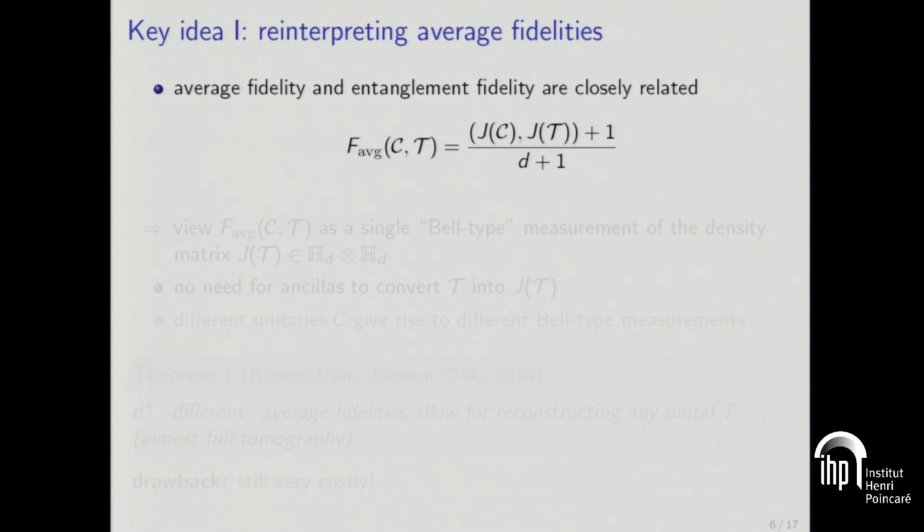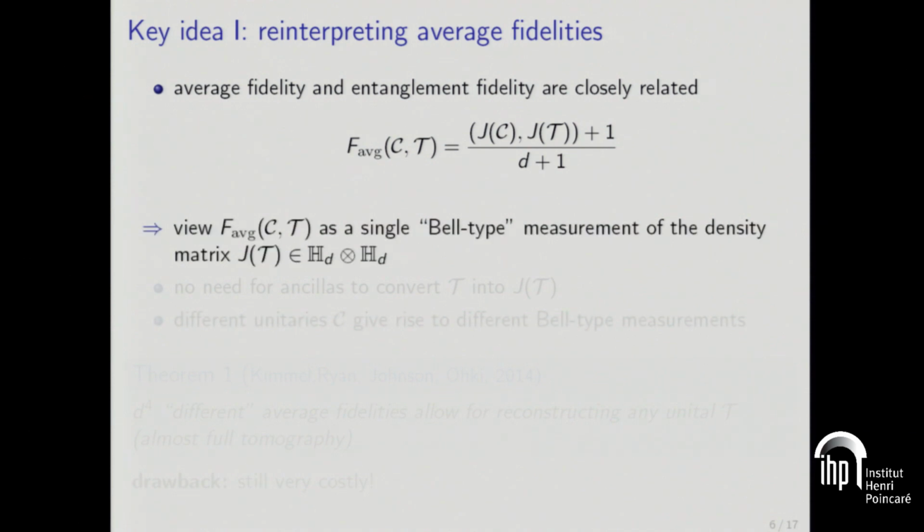But you can in turn rewrite the entanglement fidelity of the channels in terms of the channels' Choi matrices, and what you get is just this very simple formula. On the left-hand side, you have the average fidelity, and on the right-hand side, you have a scaling factor and an offset, but this is just a trace inner product of the Choi matrices.